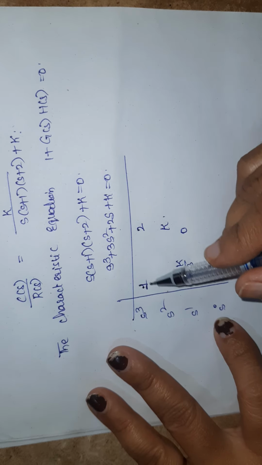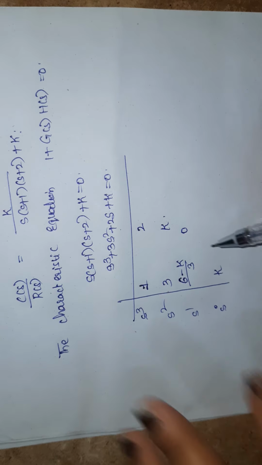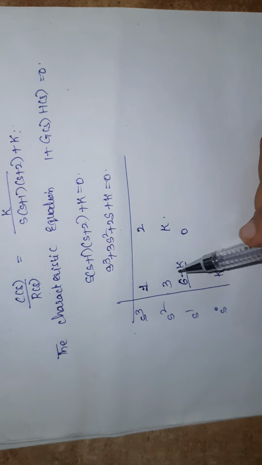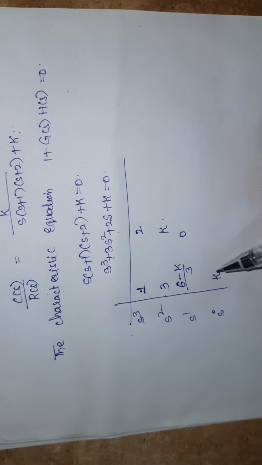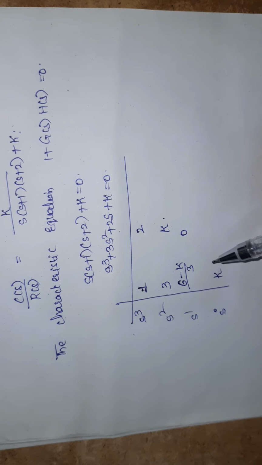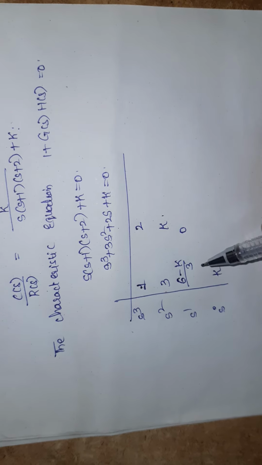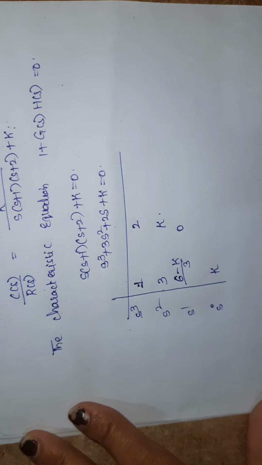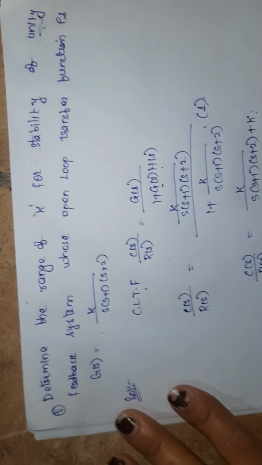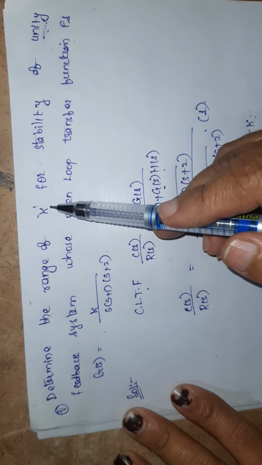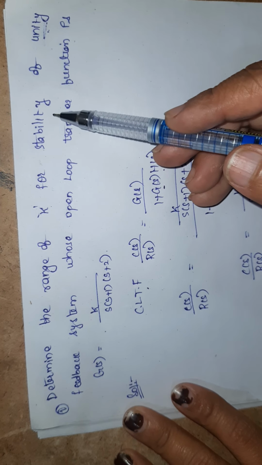Okay, so we have to observe this column. Are we having any sign changes? We can't say about sign changes now because it depends upon the value of K. So first we have to find the value of K, and in the given problem we must determine the range of K for stability.